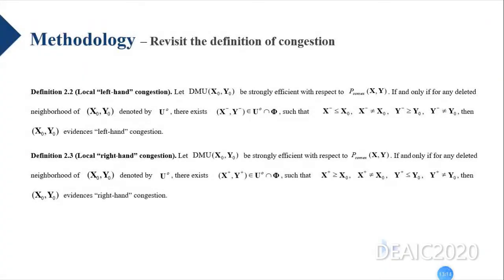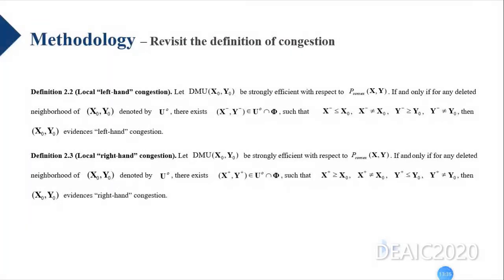to the left-hand congestion. In order to develop unified definitions between these two concepts, we consider the set phi to represent the strongly efficient frontier with respect to p-convex, corresponding to RESET.